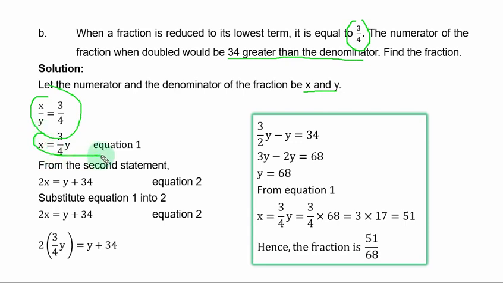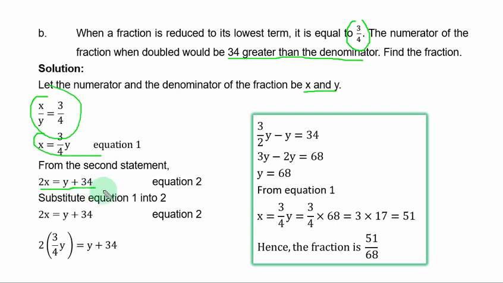From the second statement, if you double the numerator, that is 2s, the result is greater than the denominator by 34. That is 2s equal to y plus 34. Let's call that equation 2.